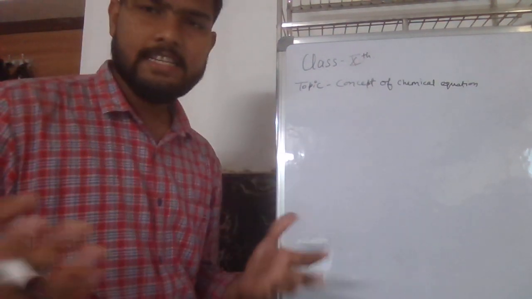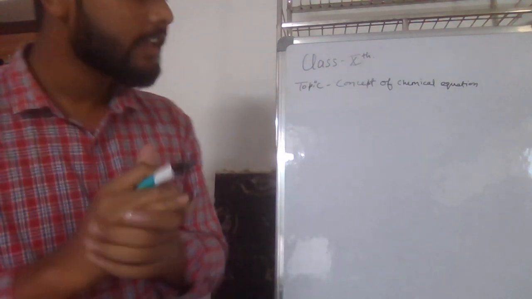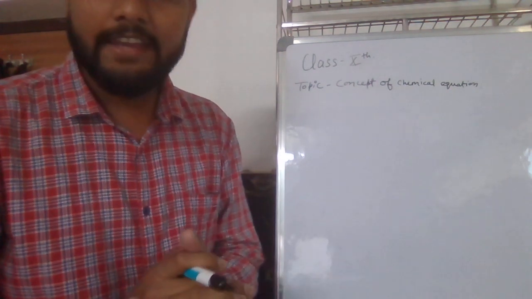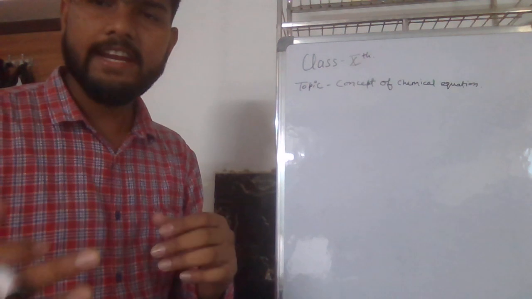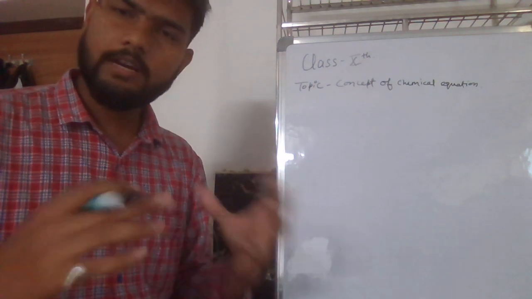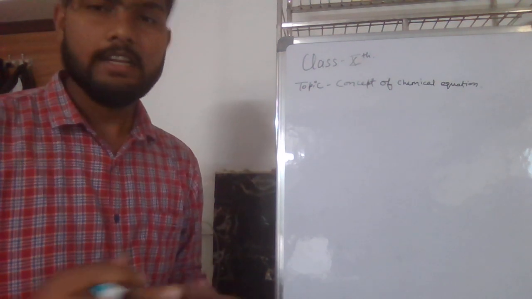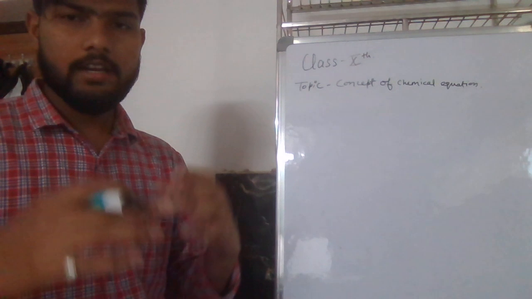So let's discuss the unbalanced chemical equation. If the number of atoms of each element in the reactants is not equal to the number of atoms of each element in the products, then the chemical equation is called an unbalanced chemical equation.